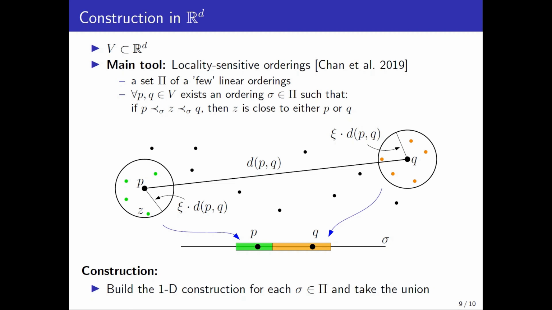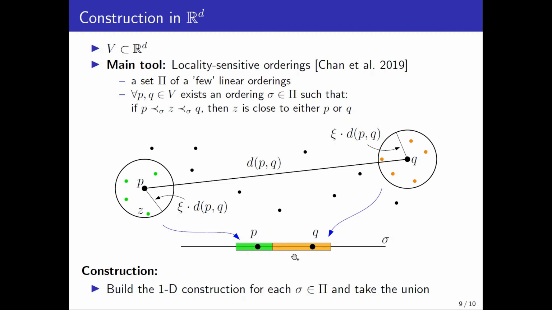When we want to find a 1+ε path between two points P and Q, we go to the appropriate ordering for which this property holds, and then look at the 1D subgraph that we have. In this 1D subgraph, we have a reliable 1+ε path between P and Q.